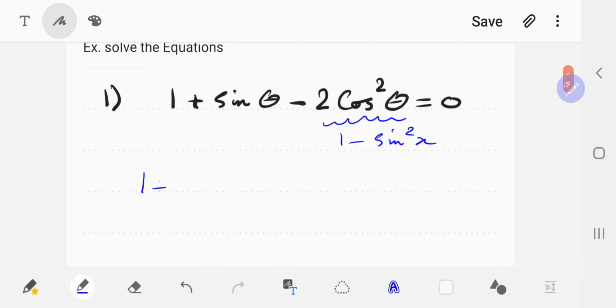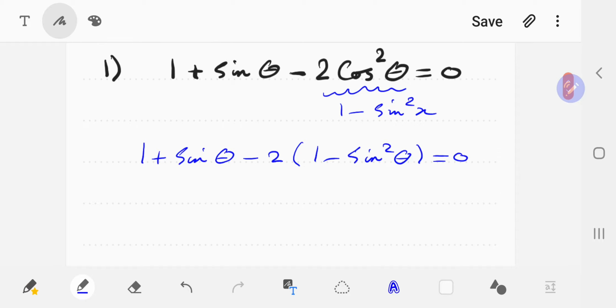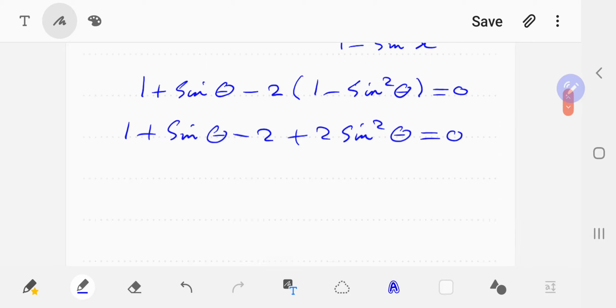So this will be 1 plus sine theta minus 2 times 1 minus sine squared theta, all equals 0. Now distribute and simplify. 1 plus sine theta minus 2 plus 2 sine squared theta equals 0.